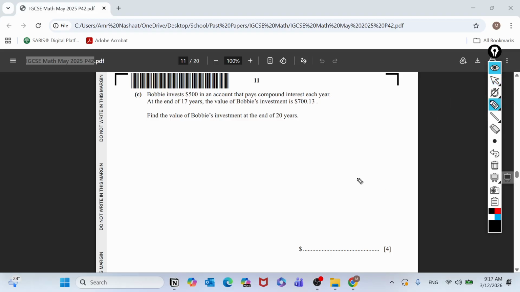Okay, let's see. So the formula for compound interest is P times 1 plus the rate, so 1 plus R, to the power of the number of years, equals the amount. I'll use A for it. The total amount of money he made.